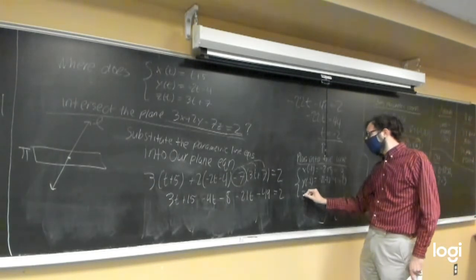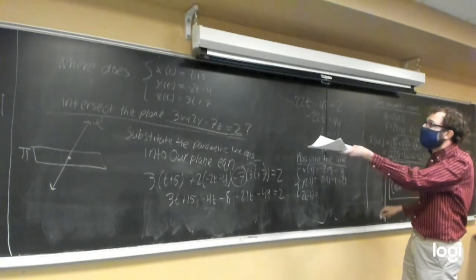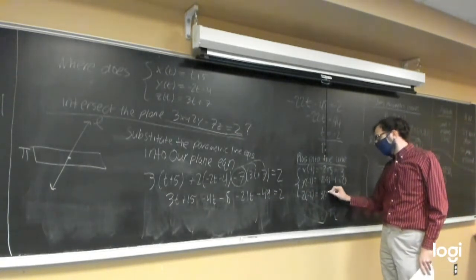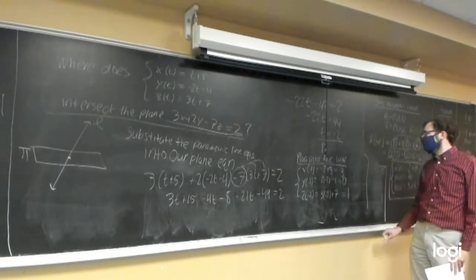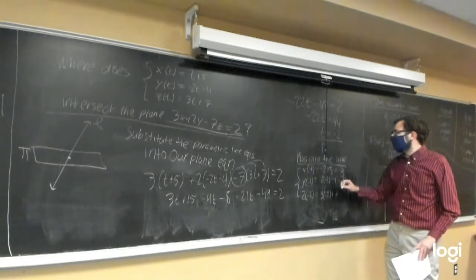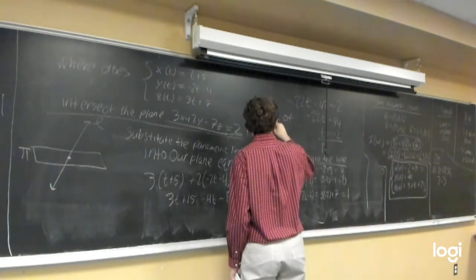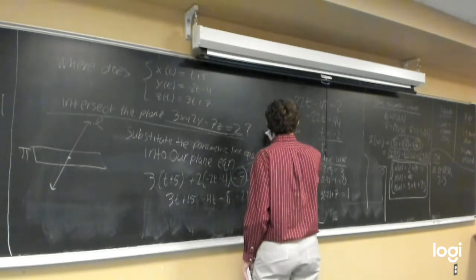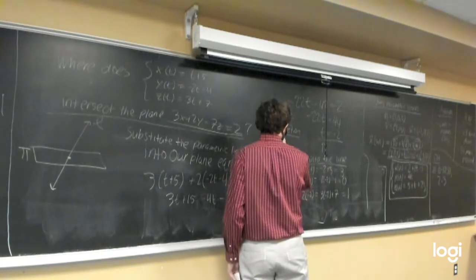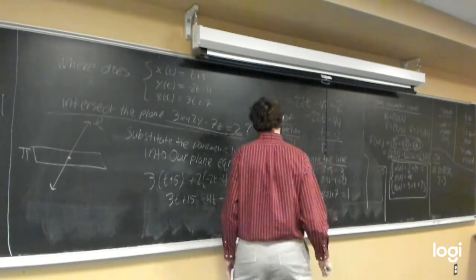And finally, our z of negative 2 is going to be 3 times negative 2 plus 7, which is negative 6 plus 7 is positive 1. And so our point of intersection is going to be the point 3, 0, 1.